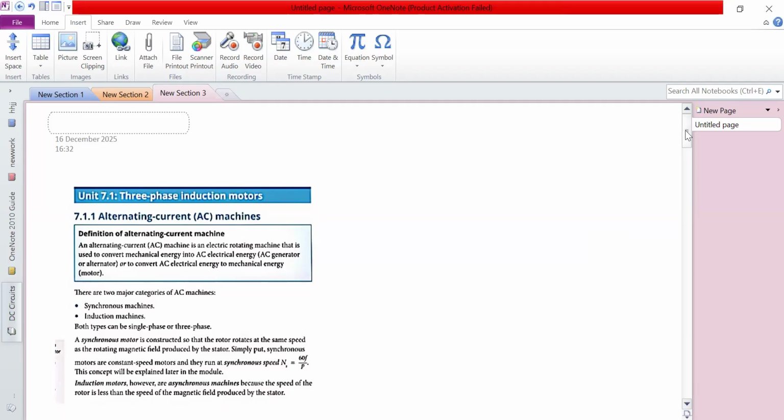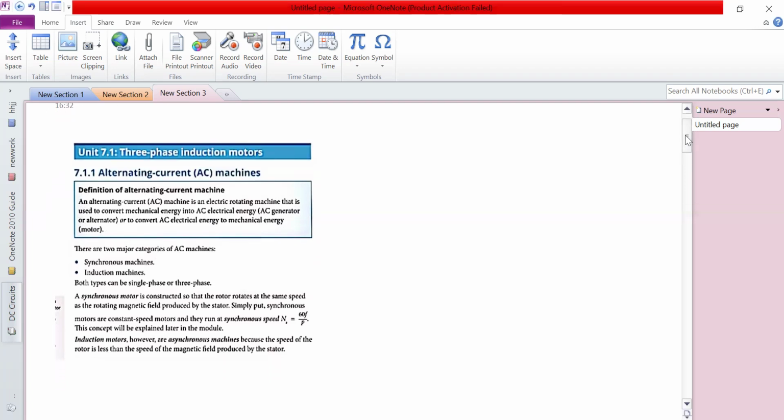AC machines can either be motors or generators. Motors convert electrical power into mechanical motion, while generators do the opposite, that is, convert mechanical motion into electrical power. So we have two basic types of AC machines. We have synchronous machines.